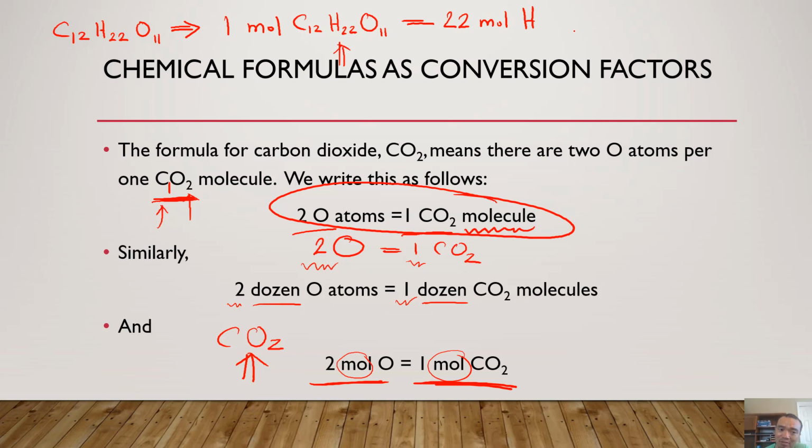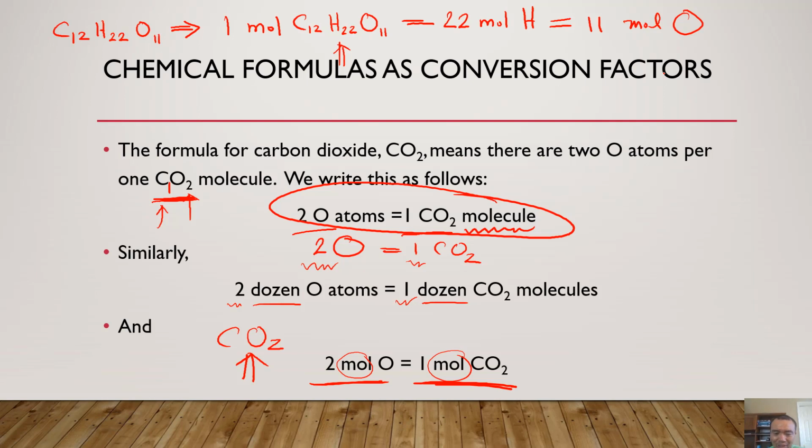It's H, not H2, okay? All right. And we can also say this gives you 11 moles of oxygen atoms. Can you do that? Sure, absolutely. You can relate carbon to hydrogen. It would be 12 moles of carbon relates to 22 moles of hydrogen. Okay, we can derive a lot of information just by simply looking at the chemical formula.